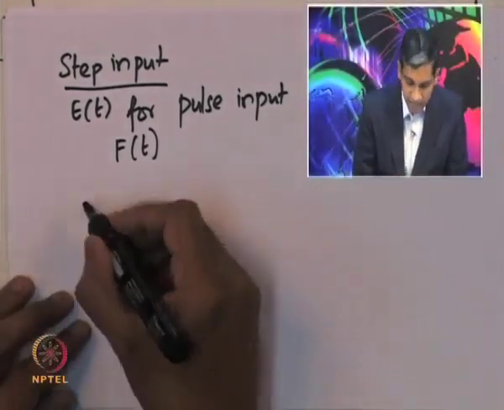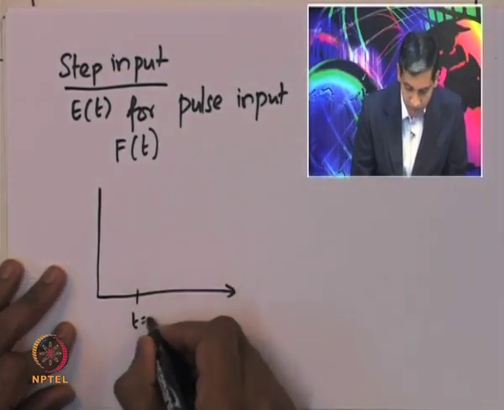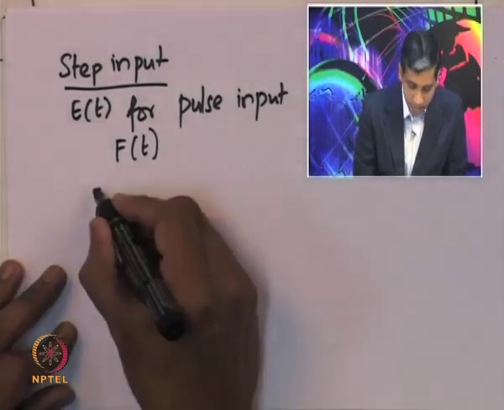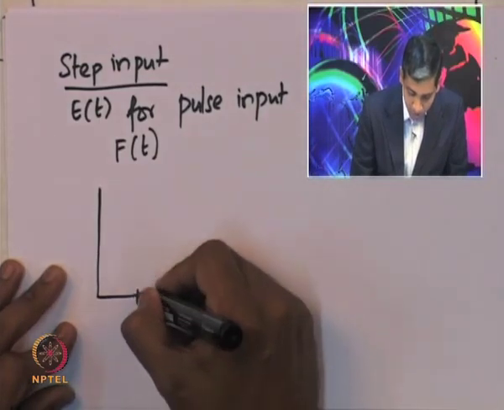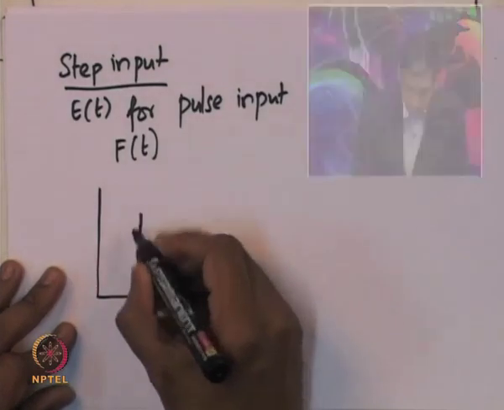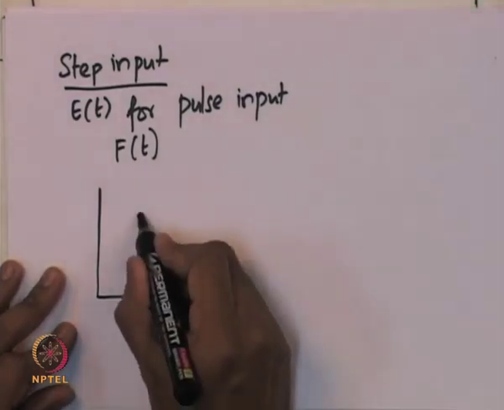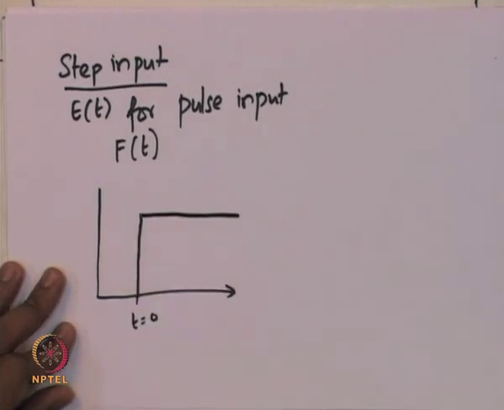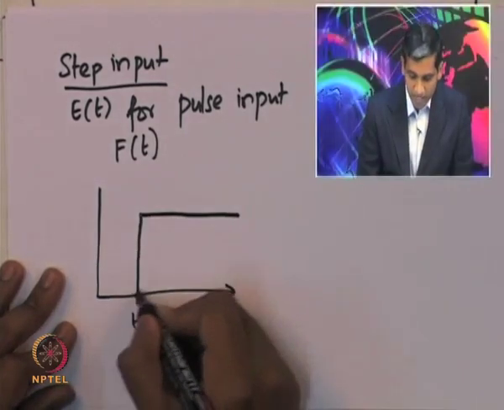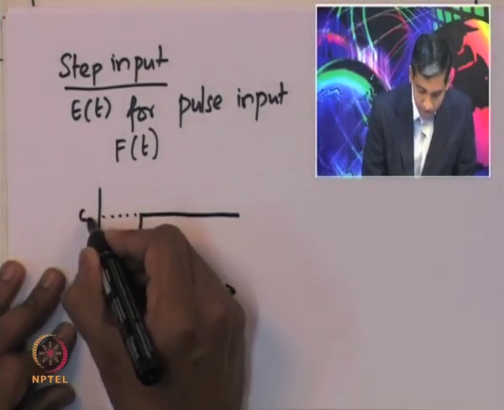Now in a step input case, suppose you take a single input single output vessel, and at some time t equal to 0, suddenly you provide a certain concentration of the tracer as a feed, and the concentration of the tracer is maintained. So, basically it is a step function, and let us say this concentration is some C naught.